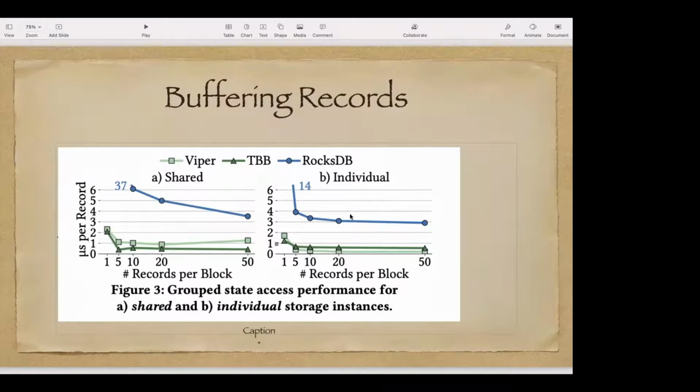And in this one, each thread is writing or, in fact, reading from a different store. If we see here, as the number of records per block increases, the performance of RocksDB improves quite a lot.